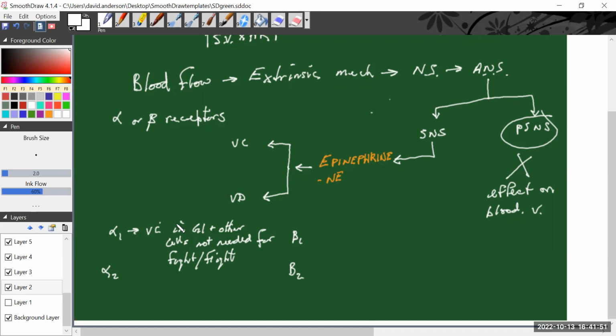Now, when epinephrine matches up with the beta-2 receptors, we'll go with beta-2 in a different color. Beta-2 receptors, we get vasodilation, so opening up, vasodilation in blood vessels that are going to supply the heart. So those are otherwise known as the coronary arteries.